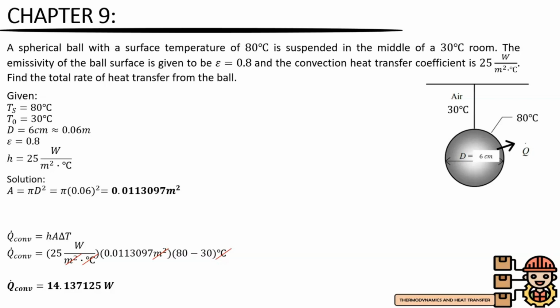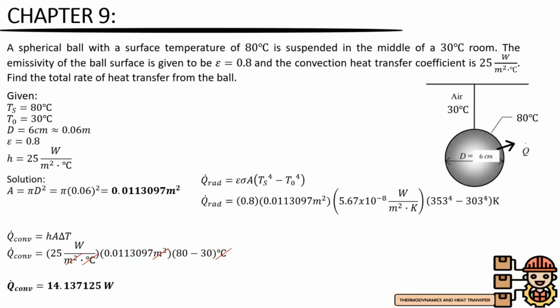14.137125 watts. And our radiation heat transfer is equal to the emissivity times sigma times area times the change in the surface temperature to the power of 4 minus T sub 0 raised to the power of 4.